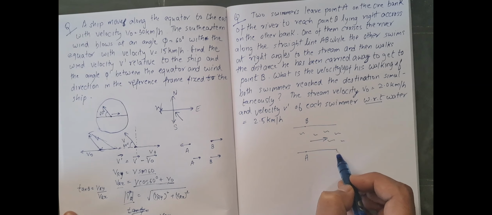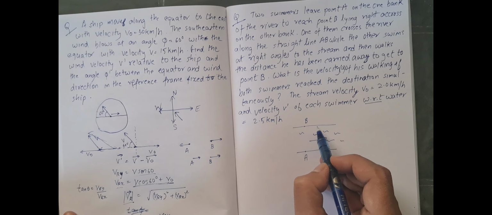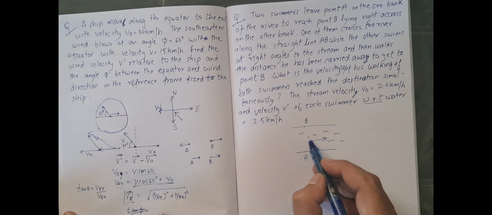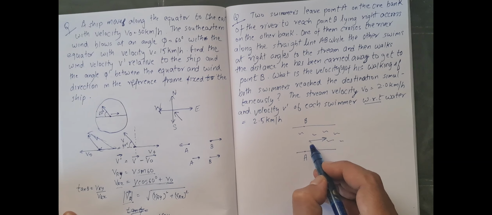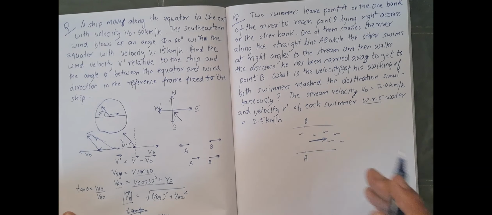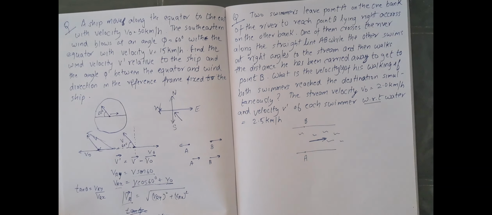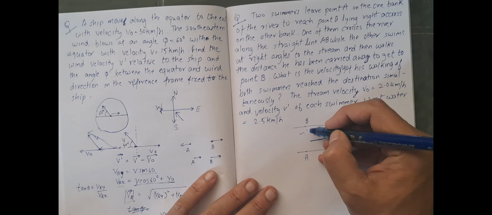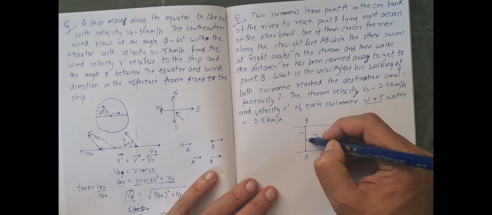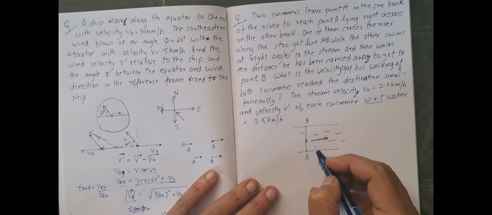This is the bank of a river, and so is this. This is the water that is flowing in the river. This is the direction of the flow of the water. Now when it says one of them crosses the river along a straight line AB, like this, what does it mean?